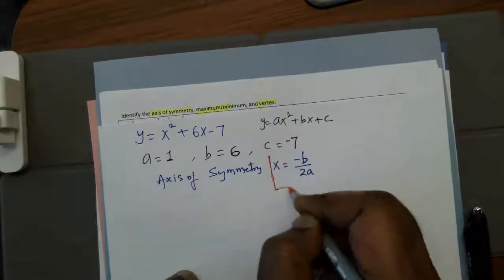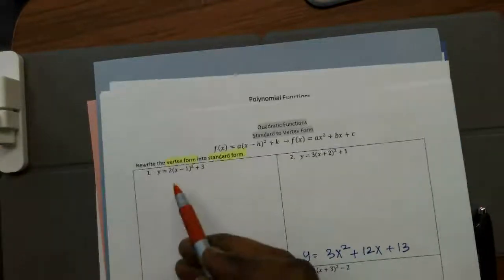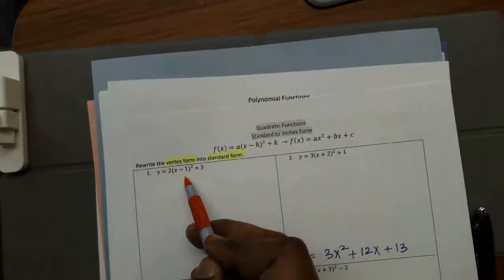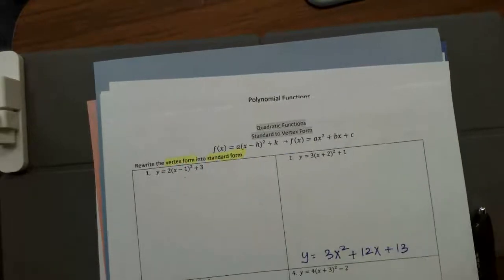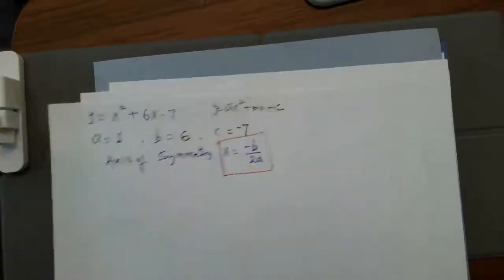If your quadratic equation was in the vertex form, directly you know that this h value, that h is 1, and that 1 is the axis of symmetry. We know all that from the vertex form of a quadratic. But here, you have it in the standard form.